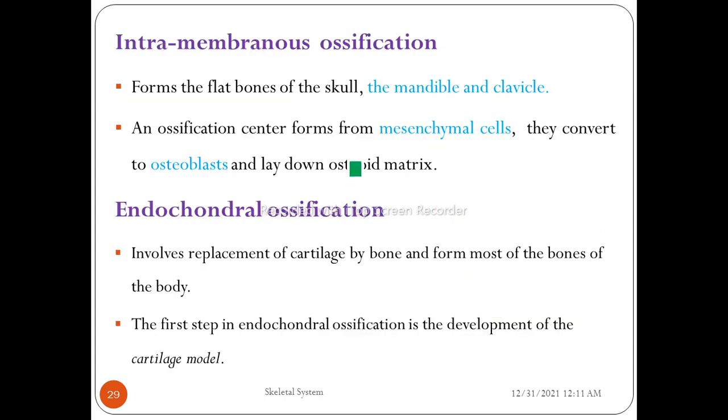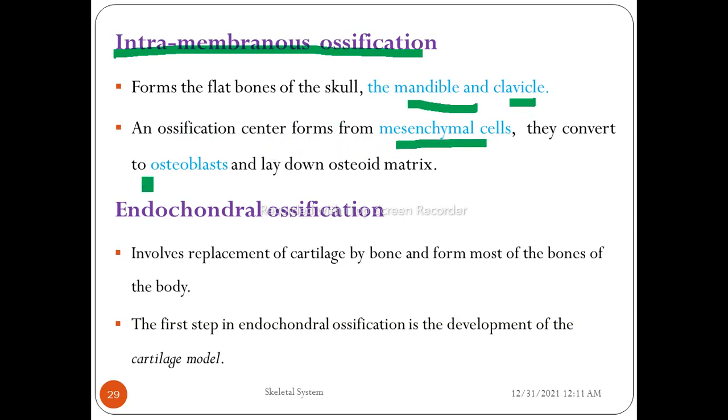So let us see intramembranous ossification. Intramembranous ossification forms the flat bones of the skull, like the mandible and clavicle. An ossification center forms from mesenchymal cells, which convert to osteoblasts and lay down the osteoid matrix. Because they are osteoblasts, they will produce matrix.